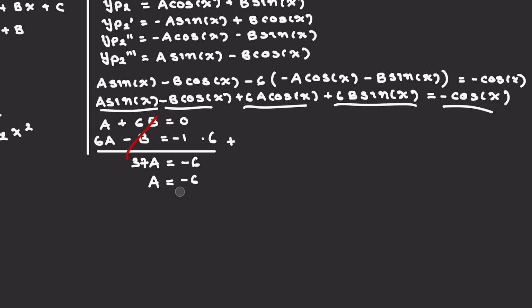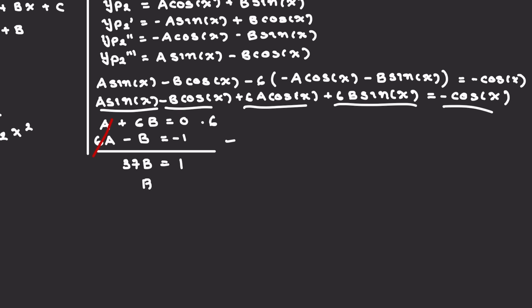Or I guess we make a mistake here. We multiply the first equation by 6, and so we subtract both equations. We can get rid of the a's, and for the b we'll get 36b minus b, which is 37b, equals 0 times 6, 0 minus 1, which is 1.